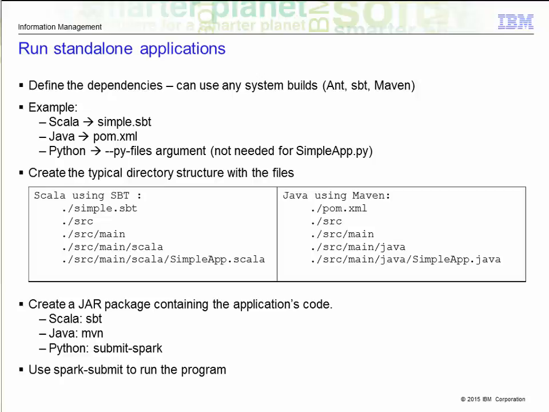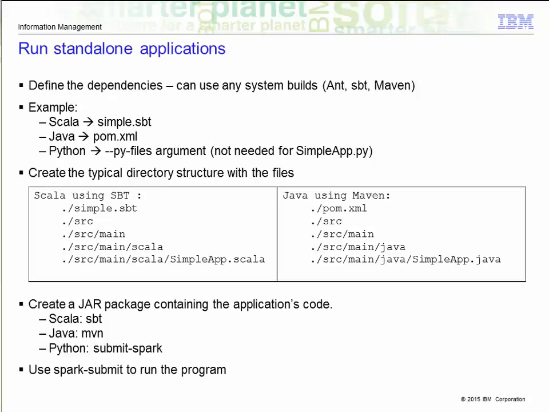In Python, if you need to have the dependencies that require third-party libraries, then you can use the pyfiles argument to handle that. Again, shown here are examples of what a typical directory structure would look like for the tool that you choose. Finally, once you have the jar package created, run the Spark submit to execute the application.